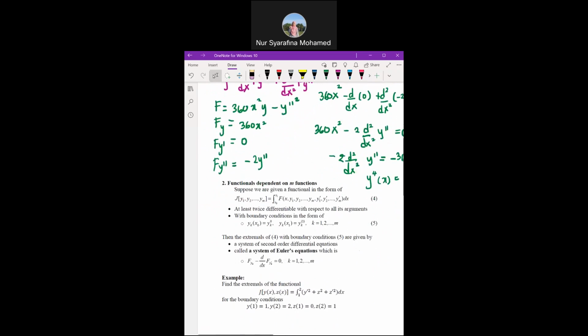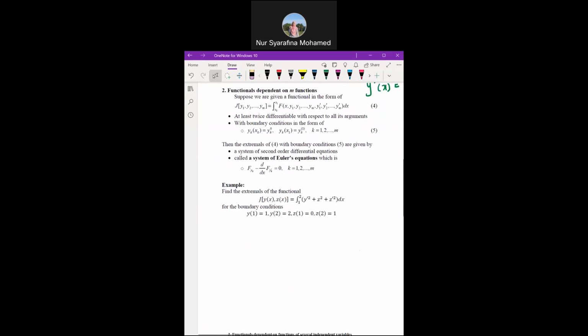Now we have a functional dependent on m functions. Instead of how many orders, now we have how many functions. As you can see here, a functional J now consists of y1, y2 up until ym.